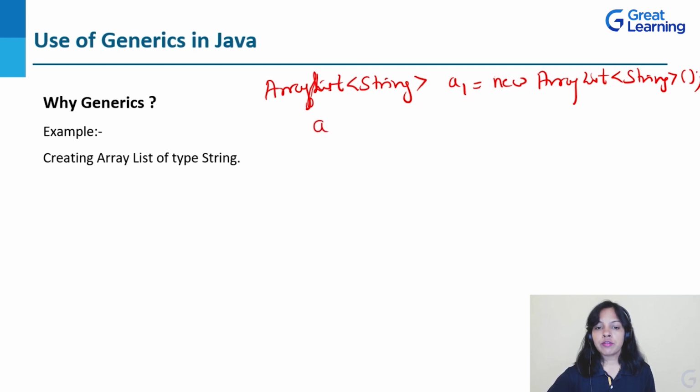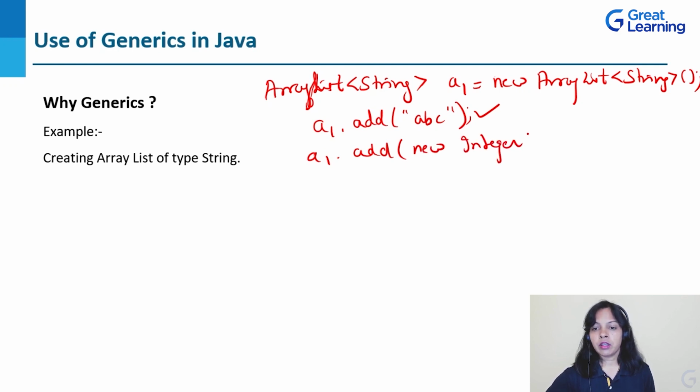Now, if I have to store values into it, I'll be using the A1.add method. And if I store "ABC", then there won't be any error. But if I store with A1.add some object of the Integer class, then in that case it is going to throw an error.